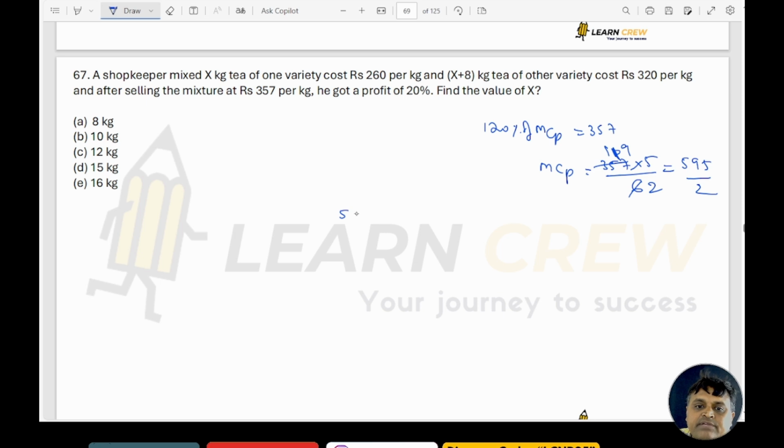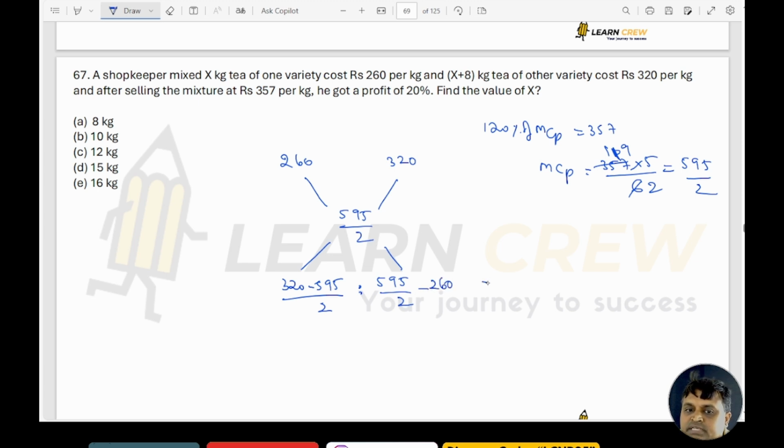So 595 by 2 is the mean cost price, and the cheaper is 260 and the dearer is 320. Now what is the ratio we'll get? 320 minus 595 by 2 is to 595 by 2 minus 260.